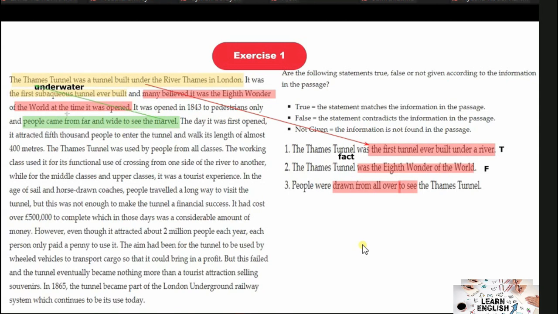Okay, so Miss Rama, when I say people came from far and wide, does this expression mean the same as drawn from all over? Yes. So as long as it is the same, Miss Heba, this sentence is going to be considered what? True. That's it. It is considered true. Very good. You did a great job, actually. Thank you so much.